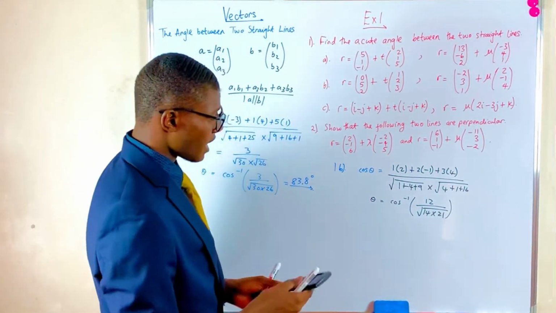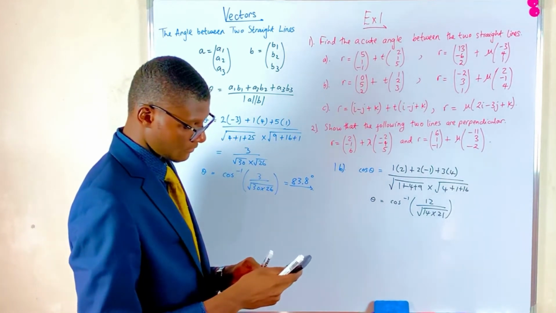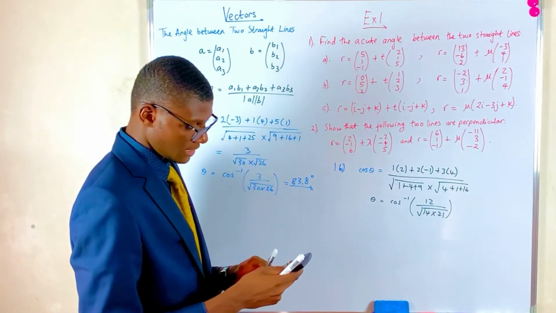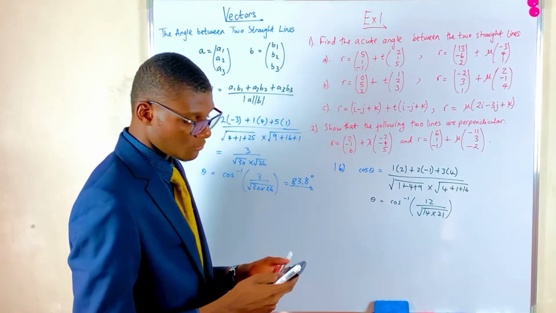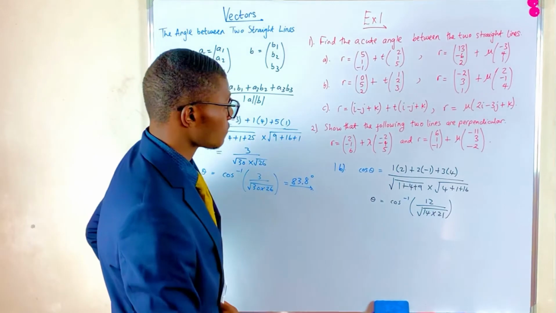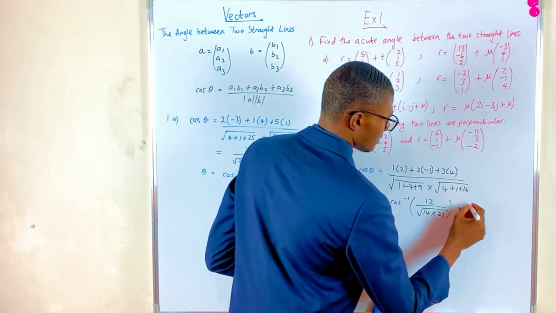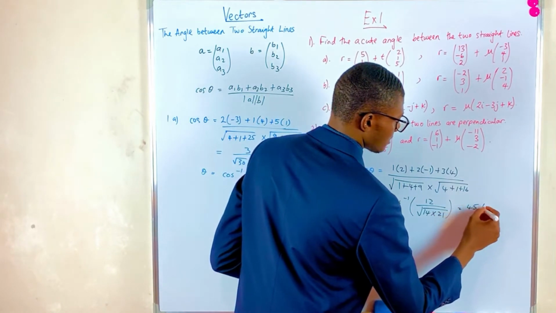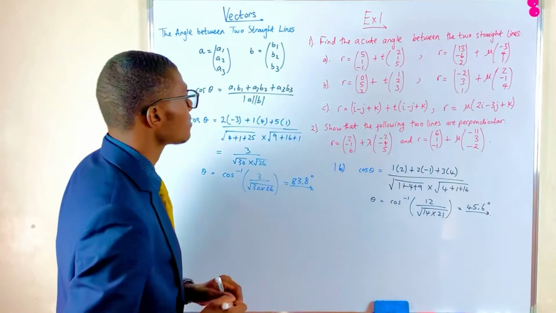So we're saying arc cos of 12 over root of 14 times 21. We get an answer of 45.6. So 45.6 degrees is the answer that we get for theta, and this is for the second part.